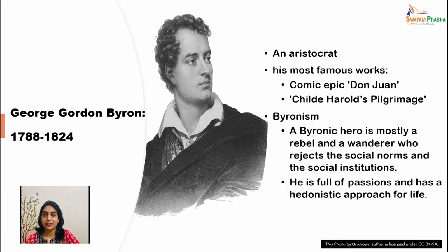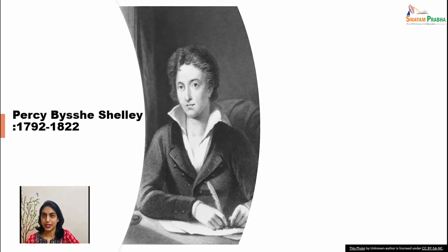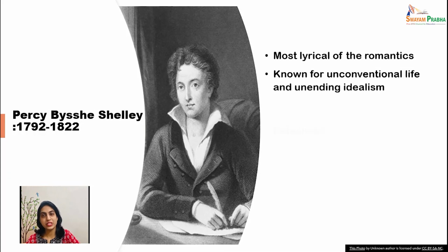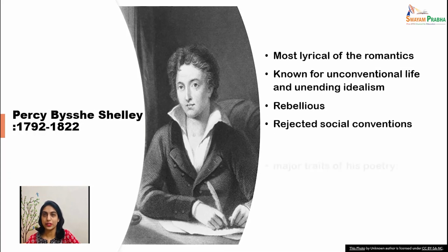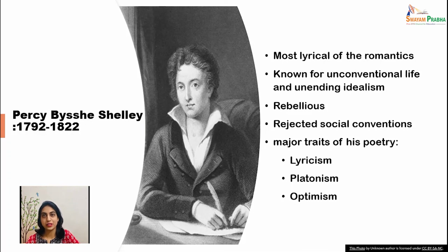Second in line is Percy Bysshe Shelley, who lived from 1792 to 1822 and was closely associated with Byron. Shelley is considered the most lyrical of the Romantic poets. He is known for his unconventional life and unending idealism.